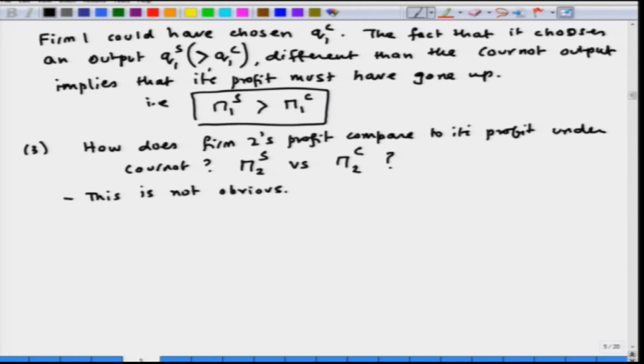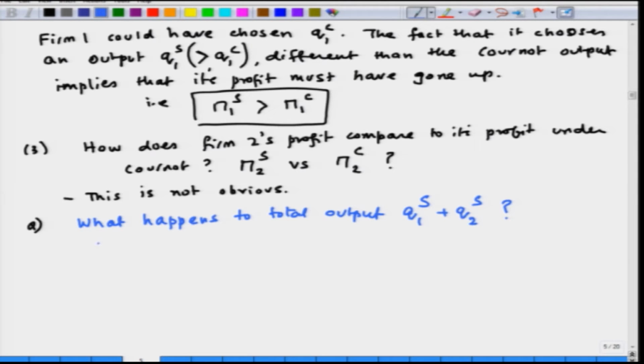To answer this question, it may be useful to first figure out what can we say about the total output under the Stackelberg model. So, let us first ask what happens to total output, which is Q1S plus Q2S. In other words, what can we say about this total output compared to that under the Cournot model, right.